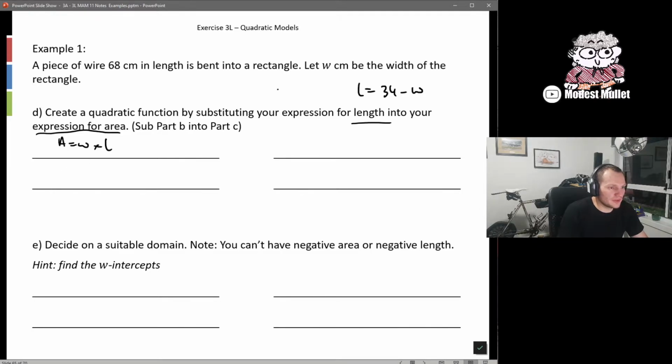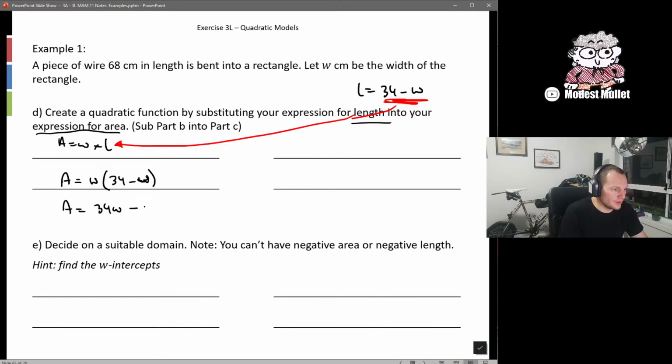So if we substitute all this in where L is, we now get area is equal to W times by (34 - W). Now if we expand those brackets, we get area is equal to 34W take away W squared, or area is equal to negative W squared plus 34W.